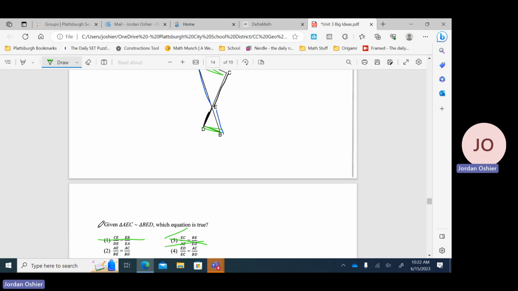AE is to BE, so AE is blue, BE is blue, and then they go green to green. So far, that one's looking like it's it. ED is to EC, so black is to black, as AC is to BD. They went in the wrong order. They went from the little triangle to the big triangle, then the big to the little. So it's definitely choice 2.